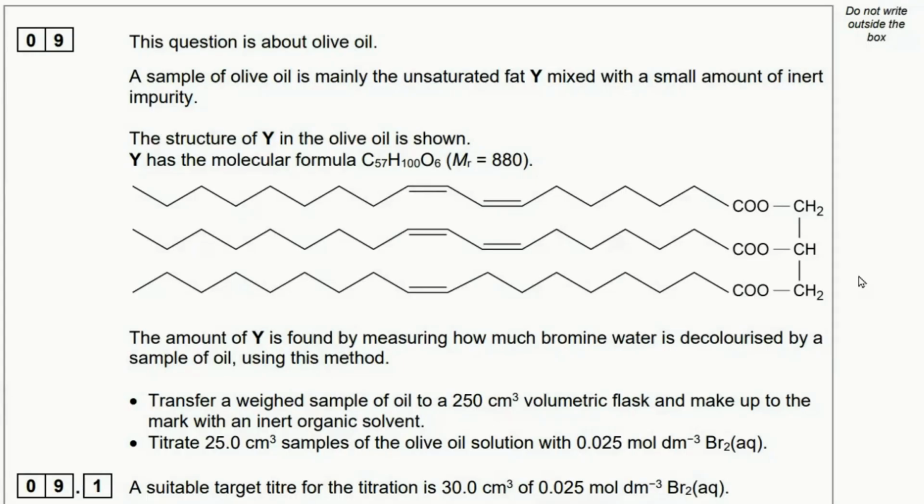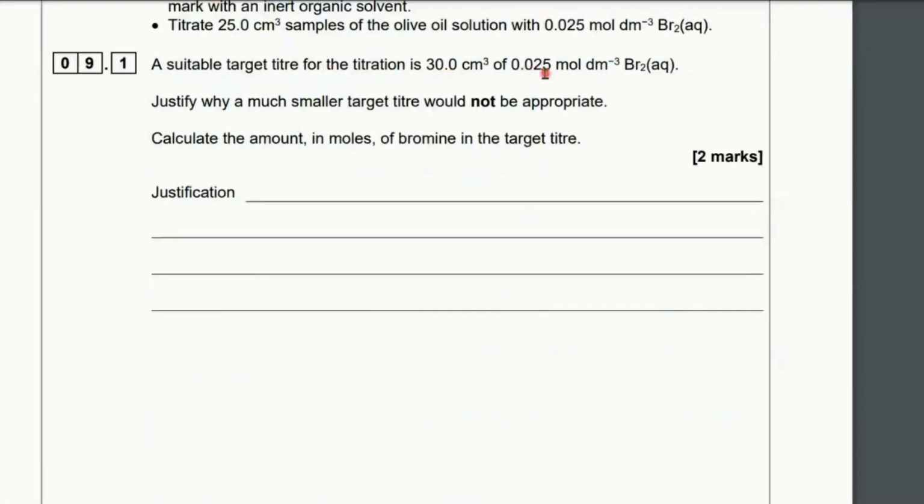A suitable target titer for the titration is 30 cm³ of 0.025 mol dm⁻³ bromine solution. Justify why a smaller target titer would not be appropriate. Calculate the amount in moles of bromine in the target titer.